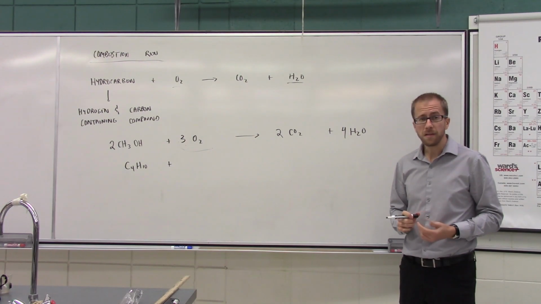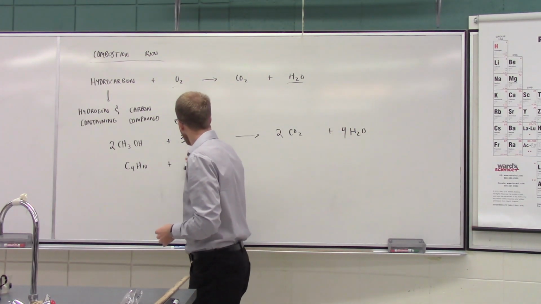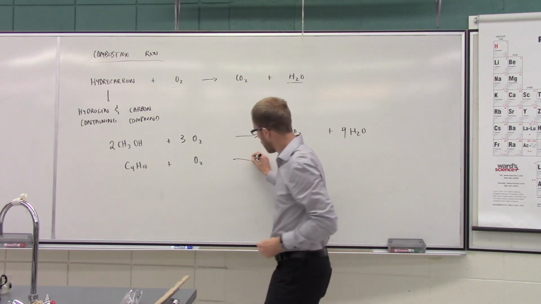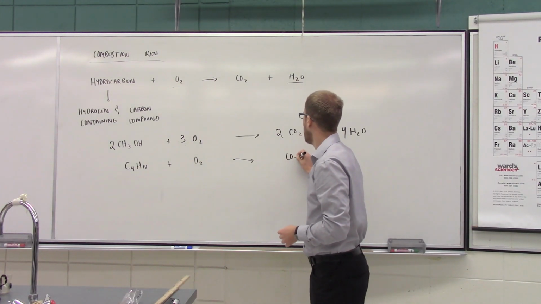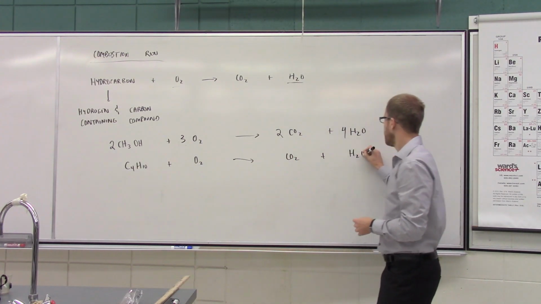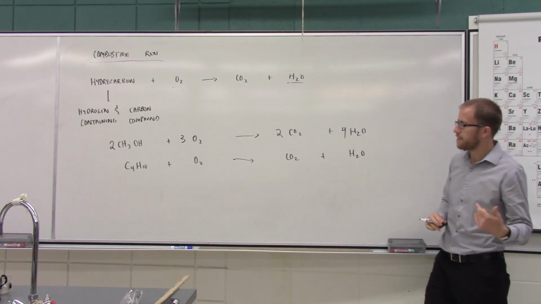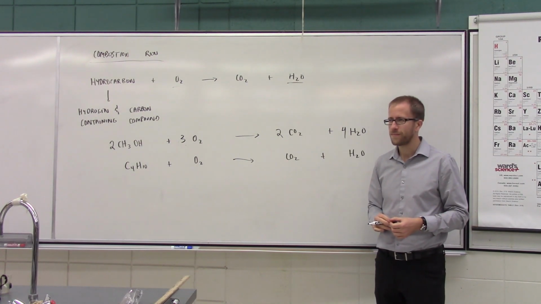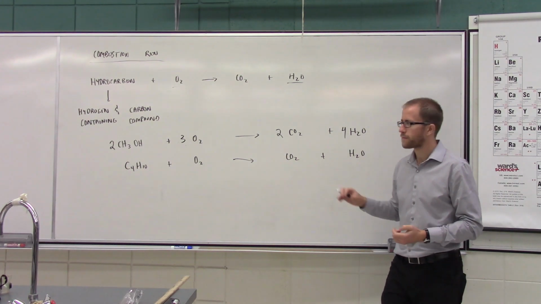Yes, it is, right? It's literally carbon and hydrogen. The reactants are going to be oxygen, right? It's going to need oxygen to burn. And you're going to produce, again, carbon dioxide and water. Hydrocarbon combustion reactions are really easy to predict the products, because what are your products always? Carbon dioxide and water, right?